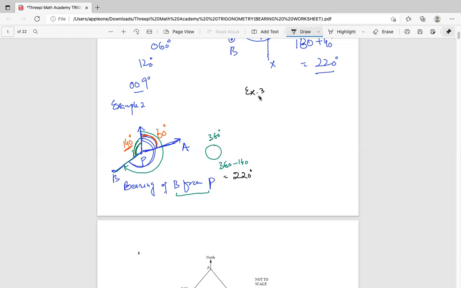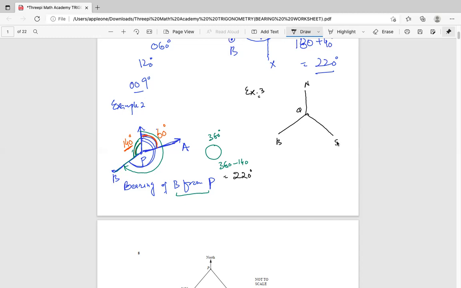Example 3. See here, I have these 3 lines. One is the normal line here. The other line is this one. Let's say this point is Q, this point is B, and there's another line as well.